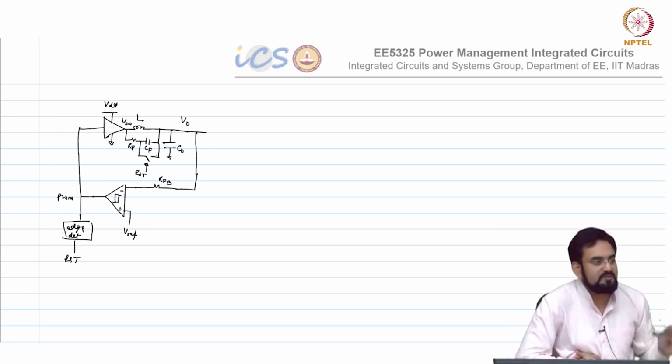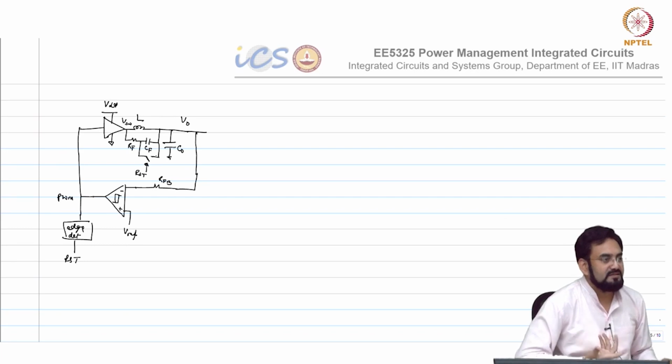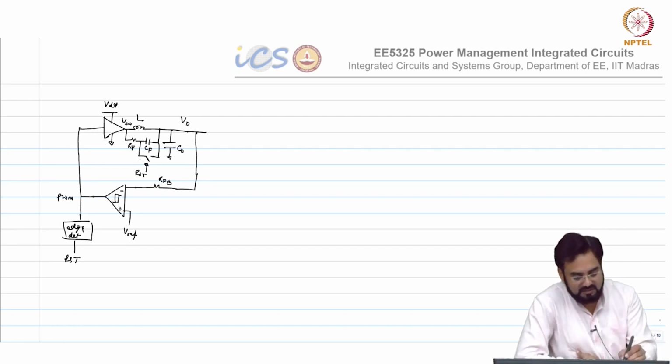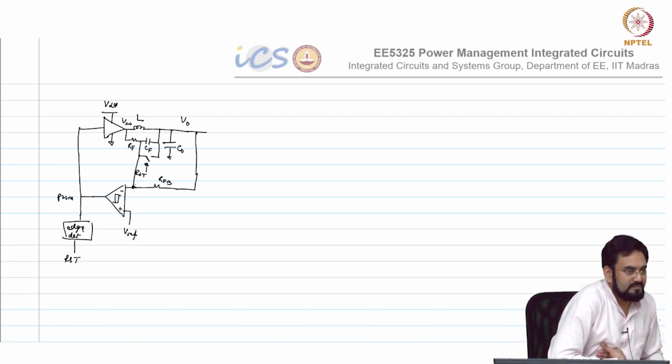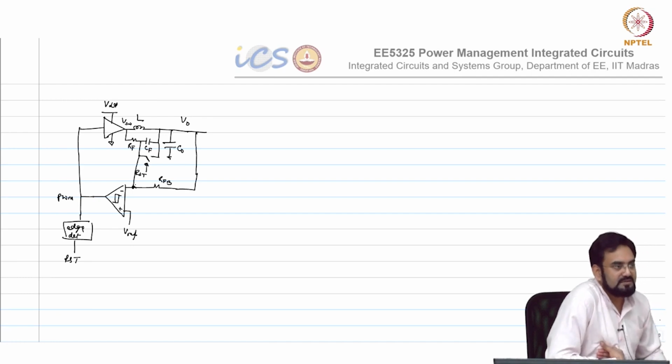So the DC of that output will be maintained at V out, correct, and that's what you want to regulate. So what you are feeding here now directly is the V out signal, correct. So you can still regulate your output without using that capacitor.